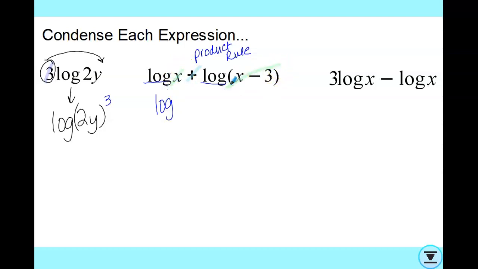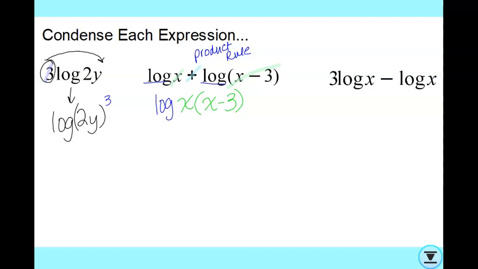Since their logs are being added and we're condensing it, those will multiply. So we have x times (x minus 3). And if you wanted to, you could write it as x squared minus 3x.